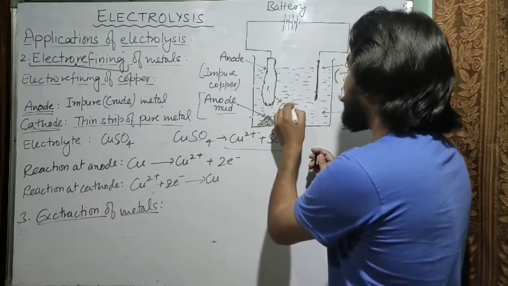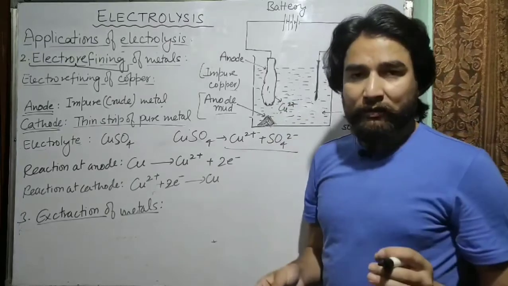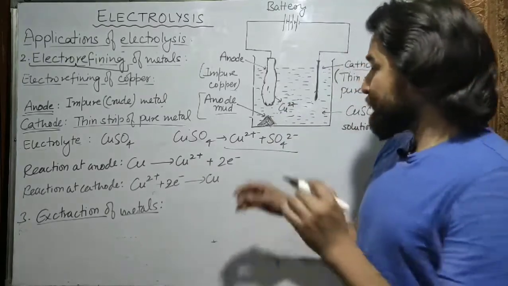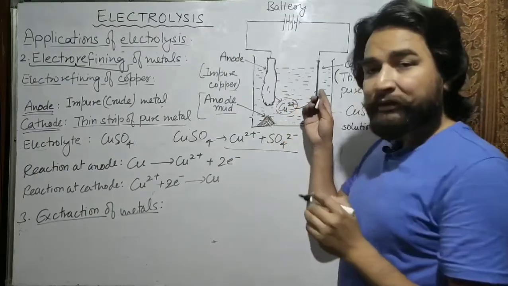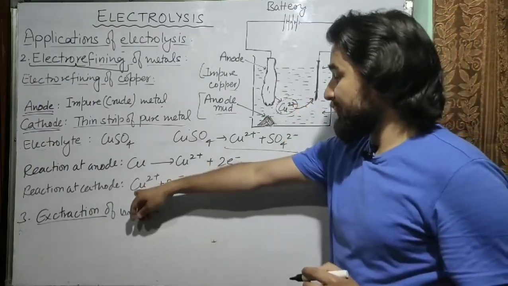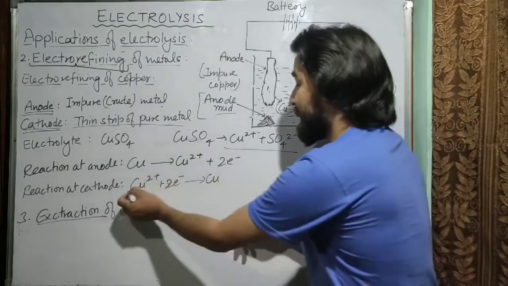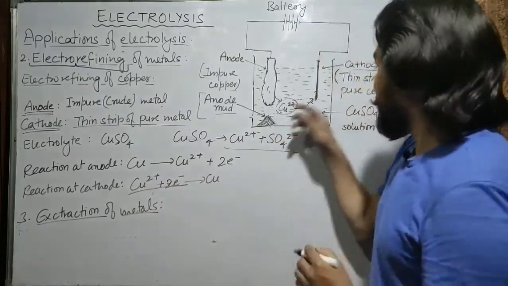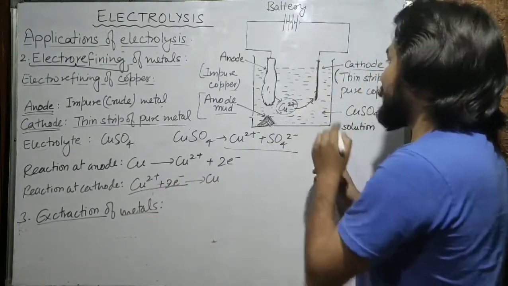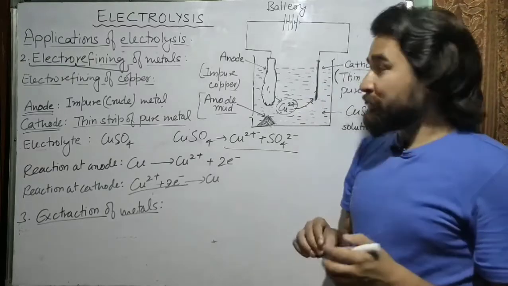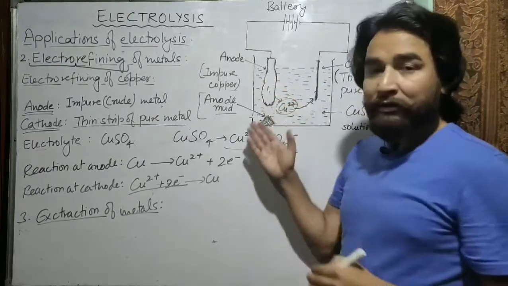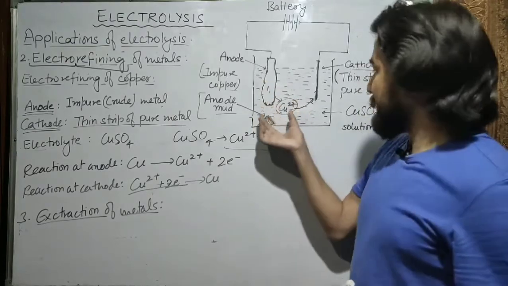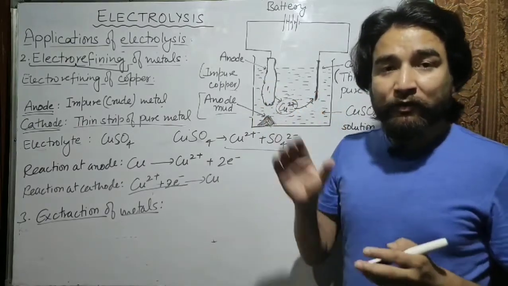Now these copper ions move into the electrolytic solution, and because positive ions move towards the cathode, they will again get reduced and deposited at the cathode. The copper will keep moving from the anode through the electrolytic solution to the cathode.